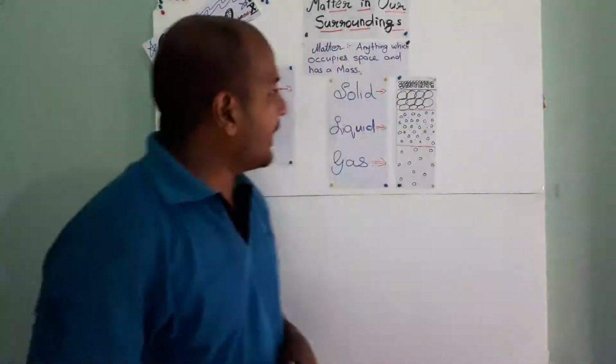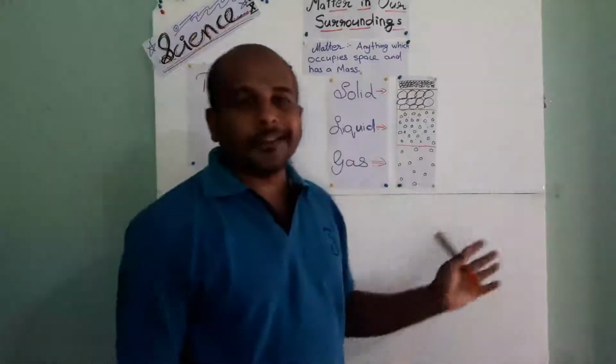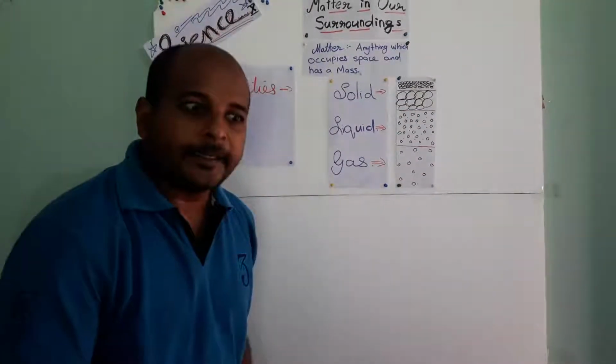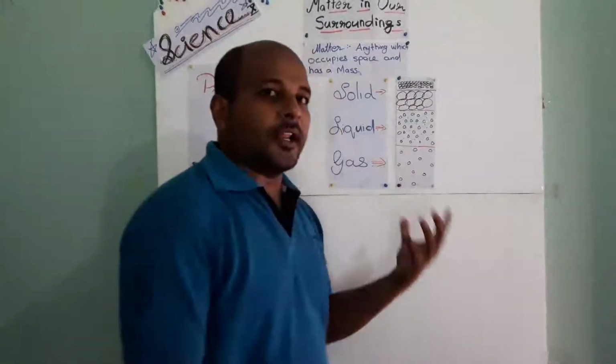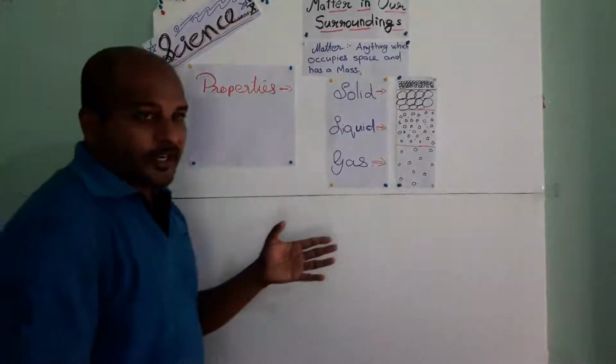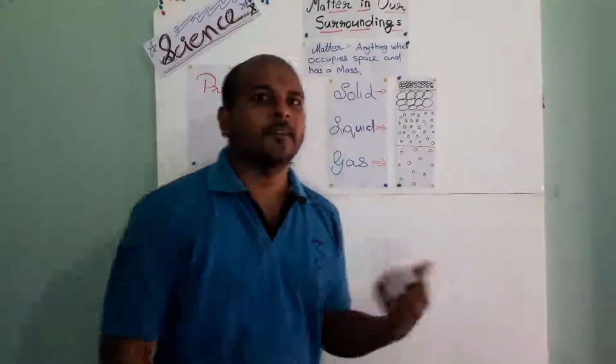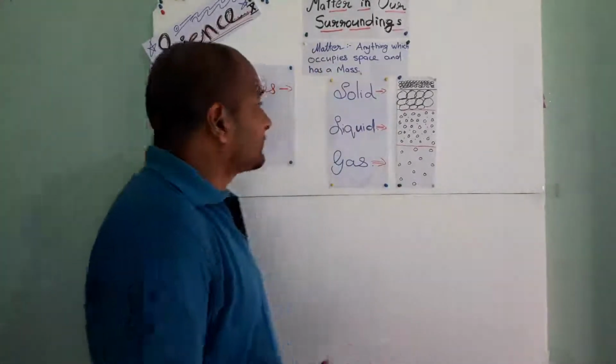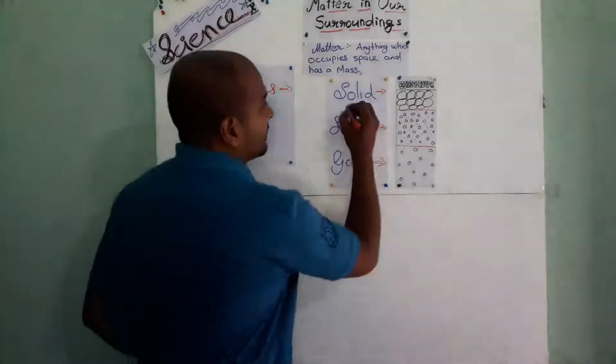You know these 3 are different forms of matter: liquid, gas and solid. But why do we call them by different names? Because their properties are different. Understand? First we can take solid. For example, take a rock.